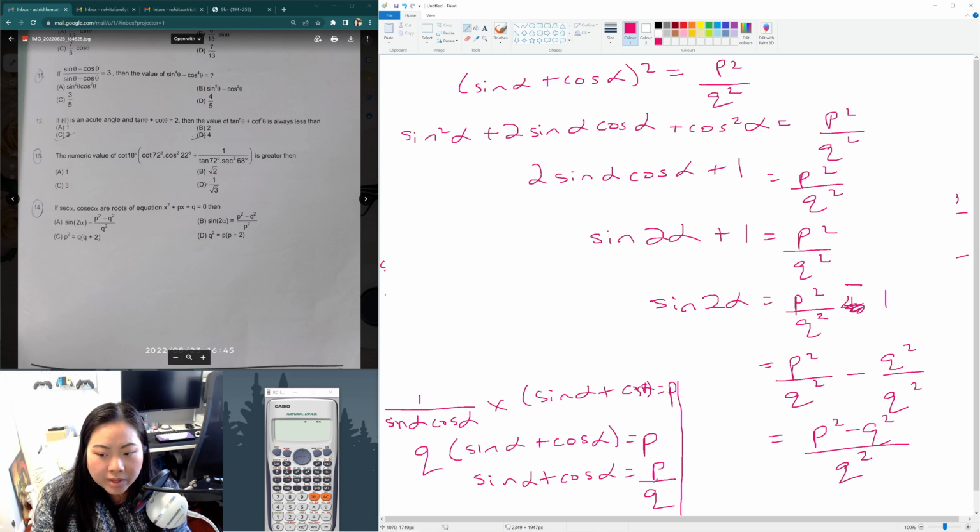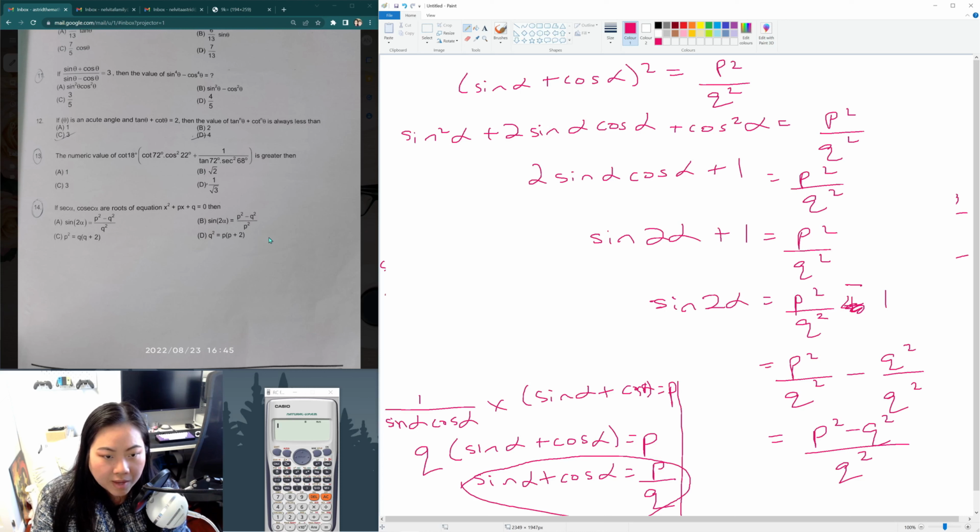After a certain point, you simplify it, and it comes to this point. And I realized that, first of all, I have a cos and there's no cos anywhere in the question. That's problematic.